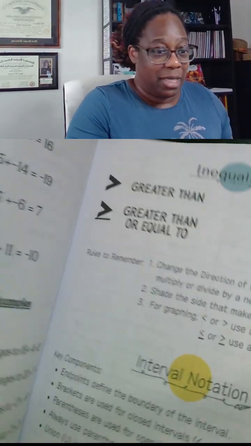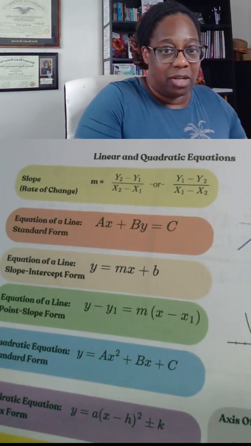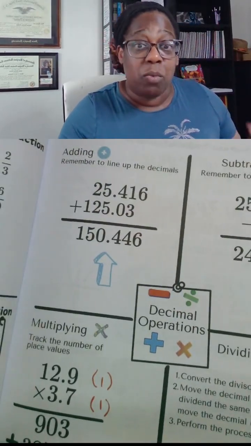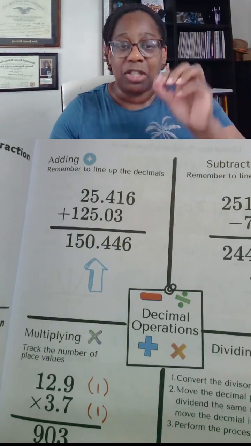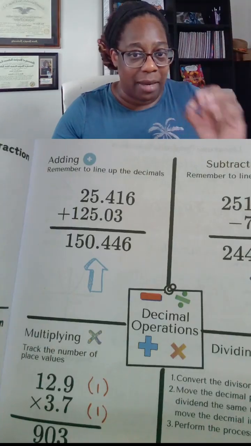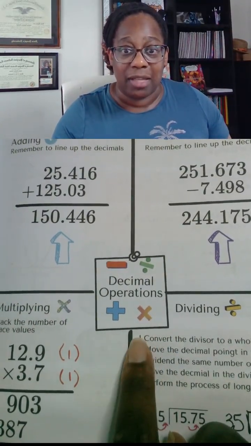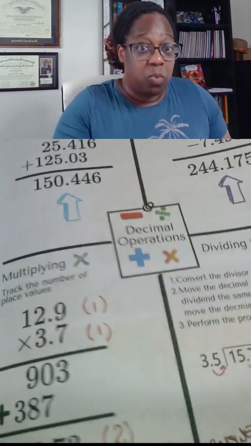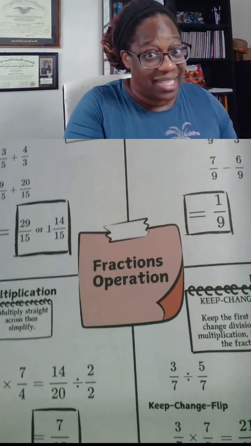Hey, thank you so much. Then we have the order of operations, which is basically the same, just like the linear and the quadratics. But I added, which used to be just in my 4th through 6th grade book, how to add, subtract, multiply, and divide decimals, because a lot of people were missing that. I put that into this book, as well as the fraction operations with examples.